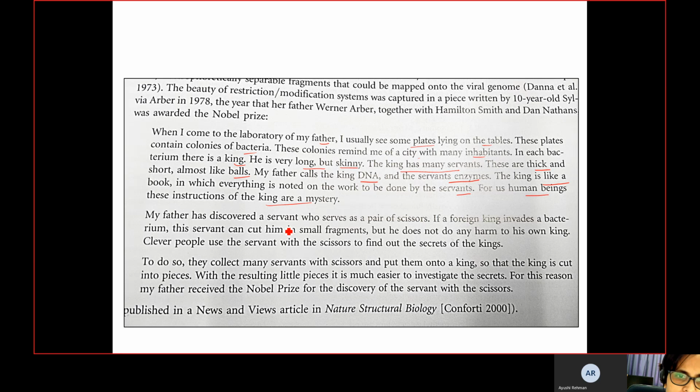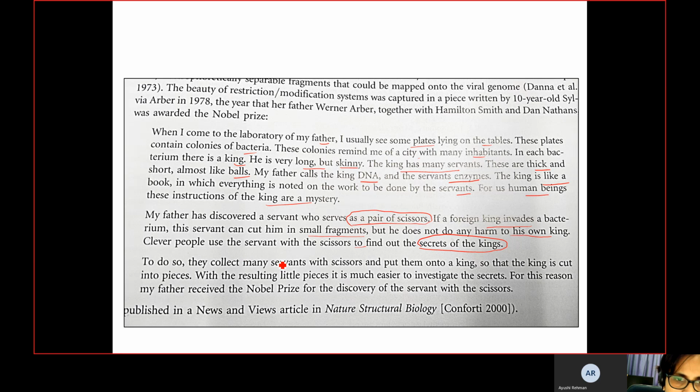My father has discovered a servant who serves as a pair of scissors. If a foreign king invades a bacterium, this servant can cut him into small fragments. But he does not do any harm to his own king. Clever people use the servants with scissors to find out the secrets of the king.